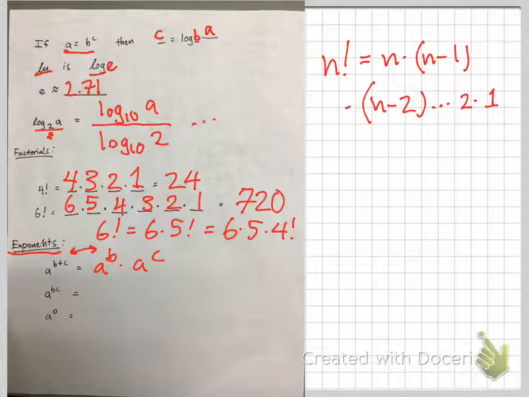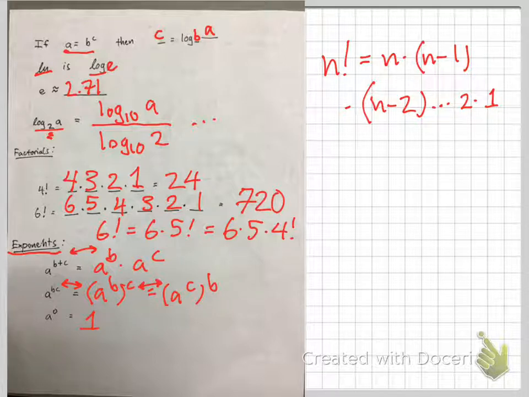The next example is that a to the b to the power of c can also be written as a to the b times c, or equivalently a to the c to the power of b. So make sure that you're able to flip back and forth between these three expressions as you need to. And the last rule is that any number to the power of 0 equals 1.